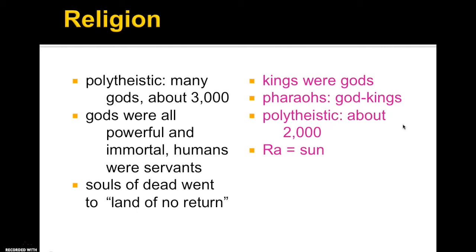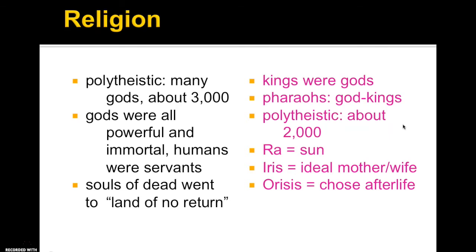You had Ra, which is the sun god, Isis, which is the ideal mother or wife example, and Osiris, who is to choose the afterlife. So a very important aspect: you see this idea of an afterlife coming about here, and what you do in your regular life affects what happens after you die.